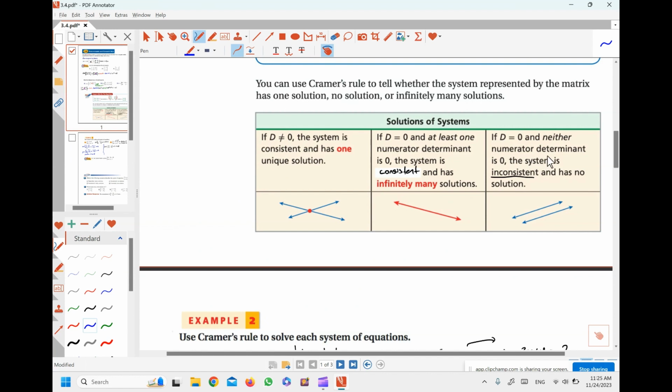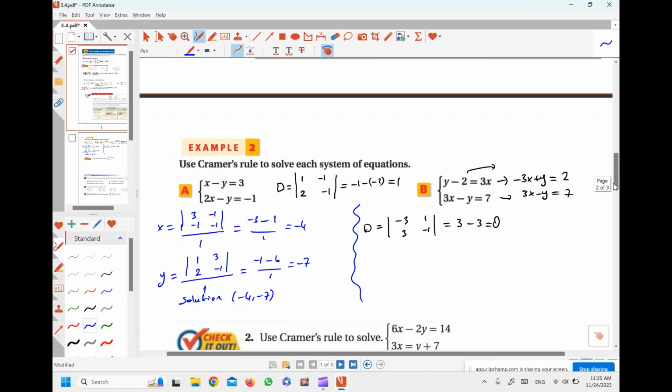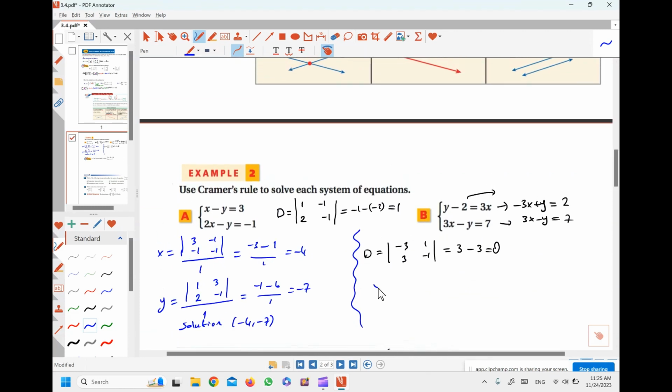If neither numerator determinant is 0, then there will be no solution. If at least one numerator determinant is 0, there will be infinitely many. Let's see what situation we have here. So for x is equal to, our denominator is 0. For y, our denominator is 0 as well. So let's calculate them one by one.